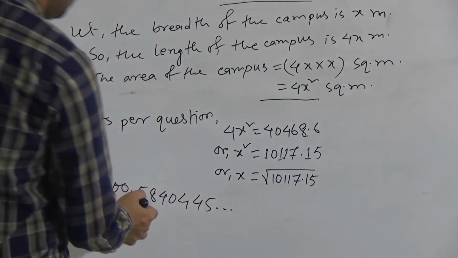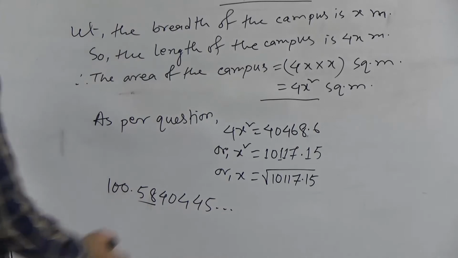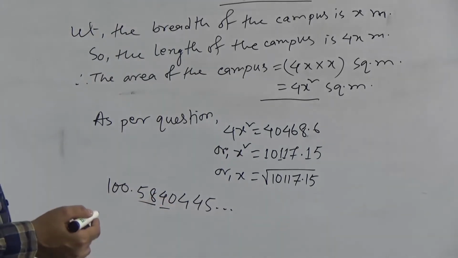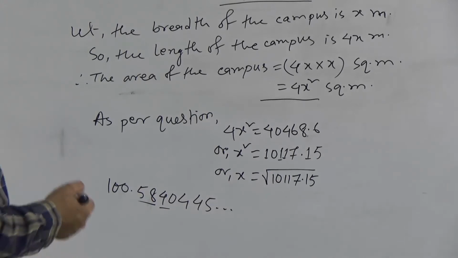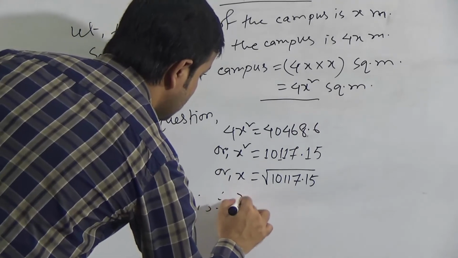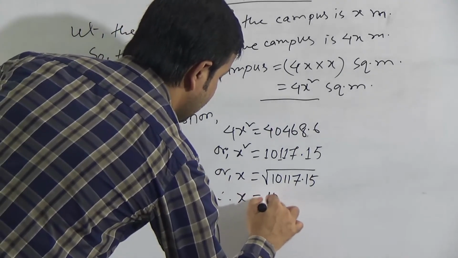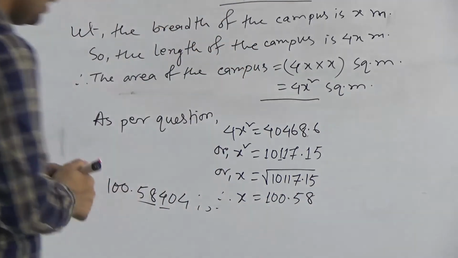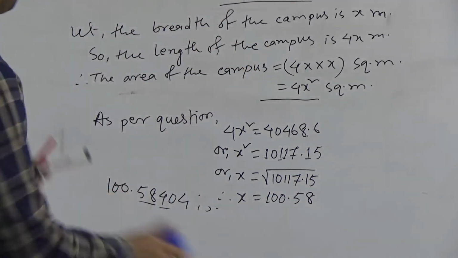Okay, but we want to keep only 2 digits after the decimal, as the third digit is 4 and this is less than 5, so no need to add anything here. Therefore x equal to 100.58. I have determined the value of x.